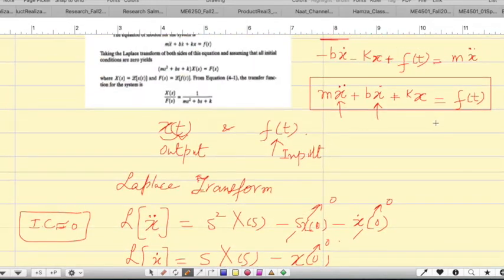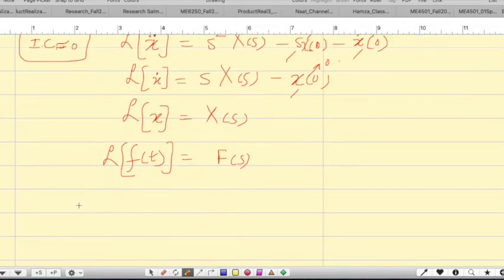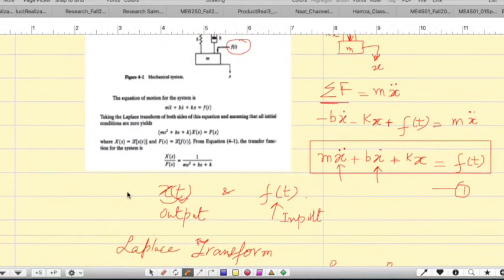Now let's plug it into this equation number 1. Let me bring this equation down.